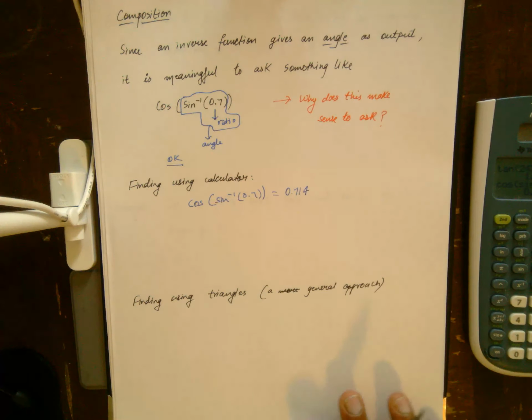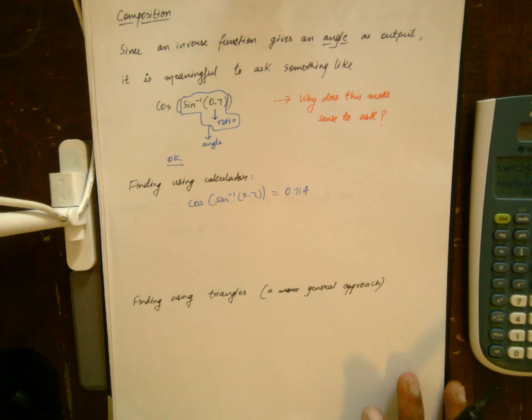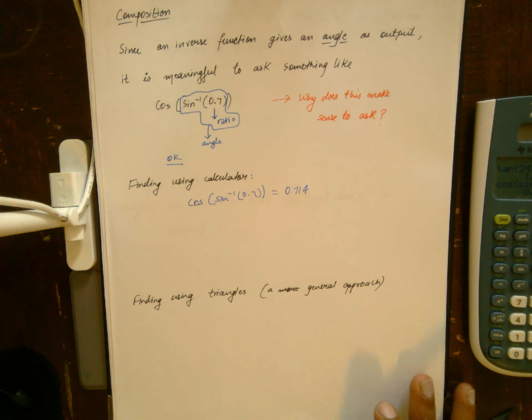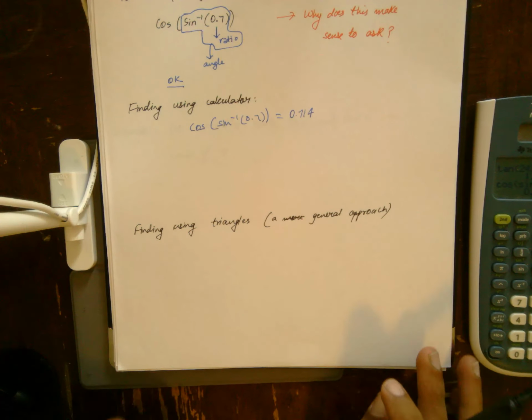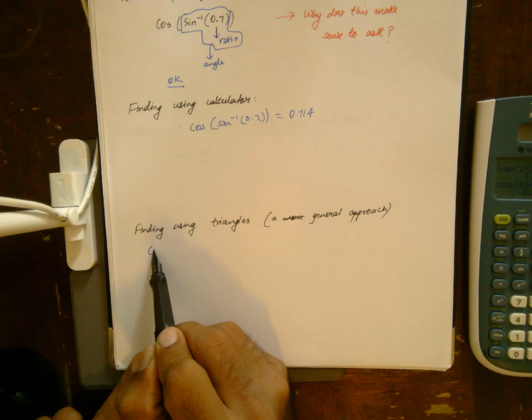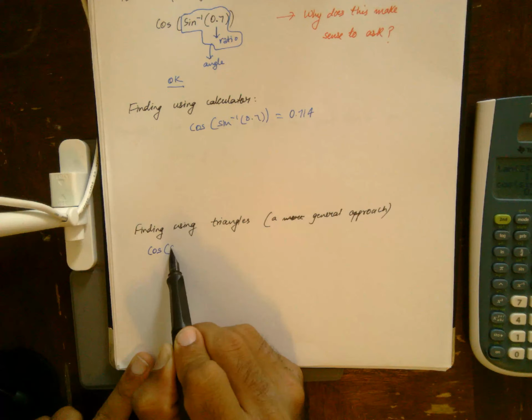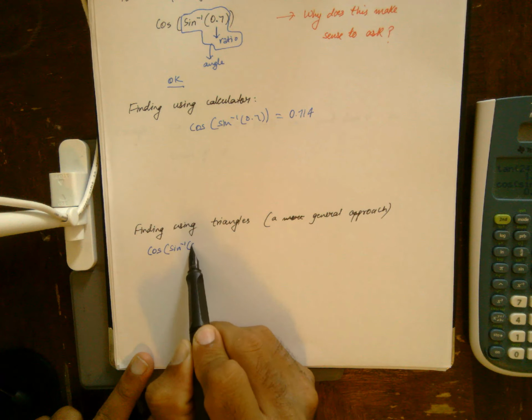Now that's using the calculator, but there's also another way of finding it, which is a general approach using triangles. Our goal is to find cosine of sine inverse of 0.7.